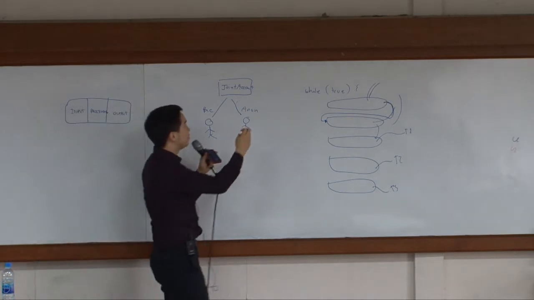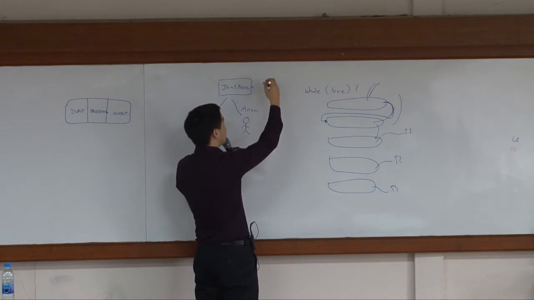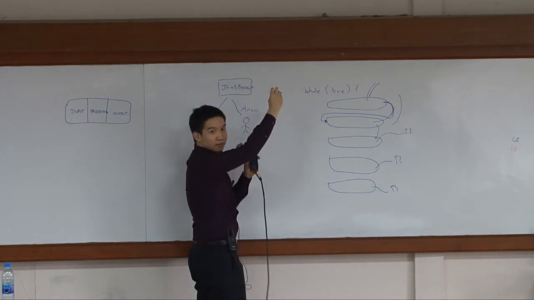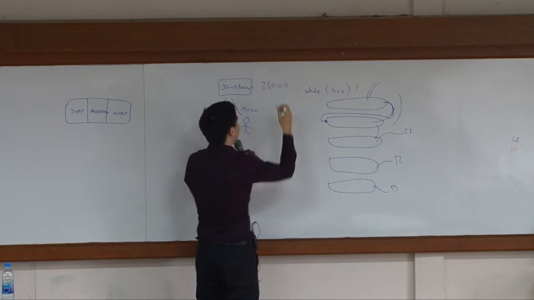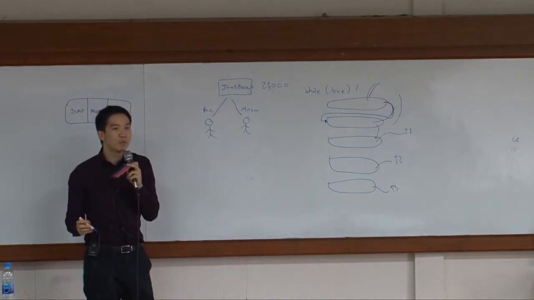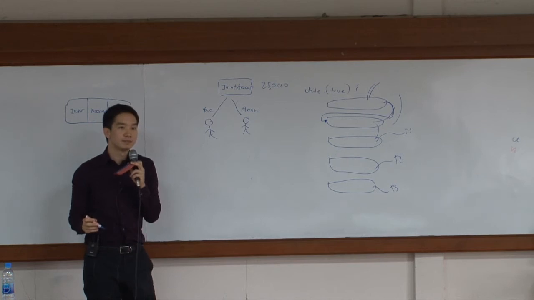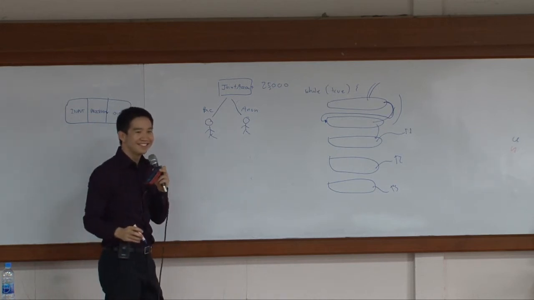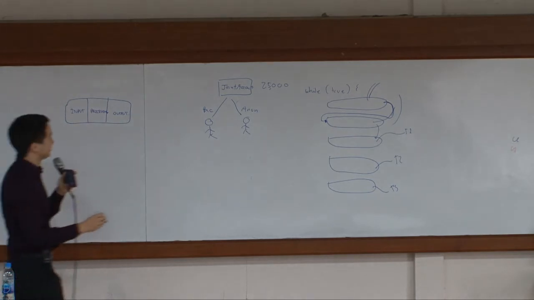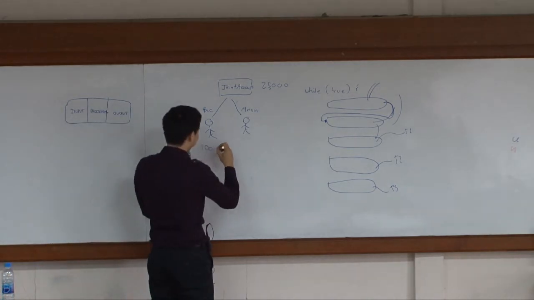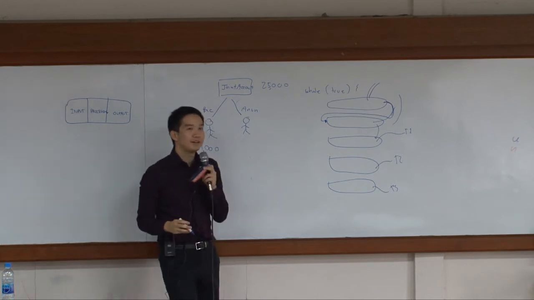And what was the original amount we had in the joint account? 25,000, right? And how much did Pak want to withdraw? No. How much did Pak want to withdraw? 1,000, okay. I didn't hear you correctly, sorry. How about Anon?